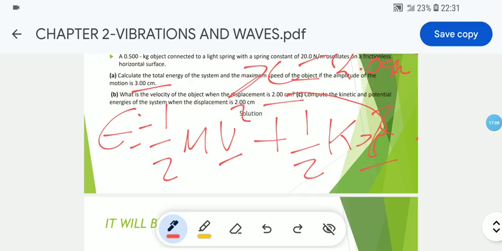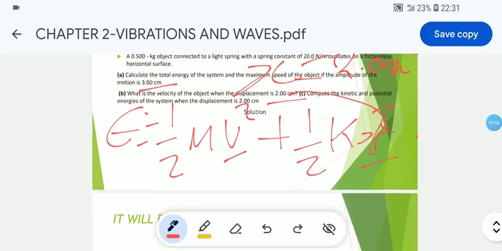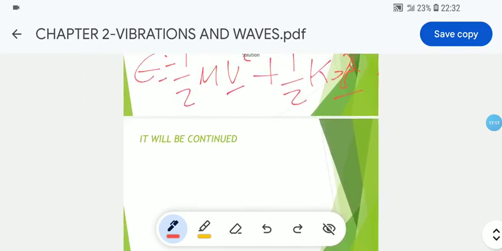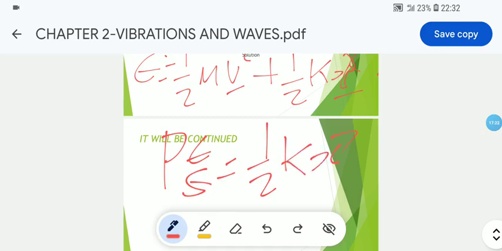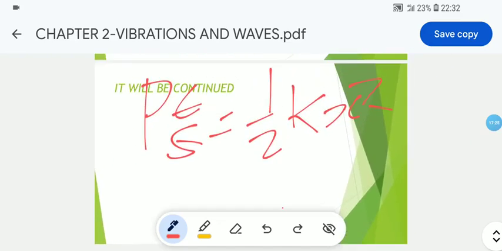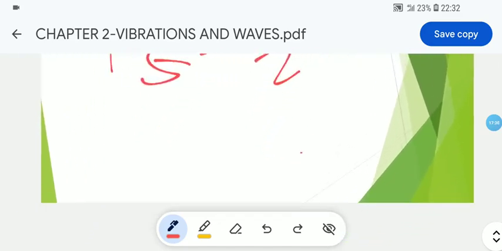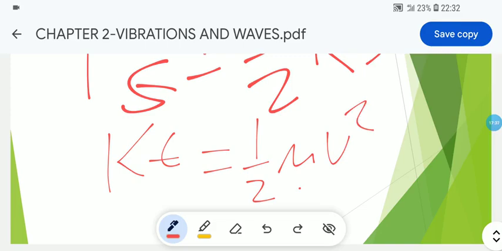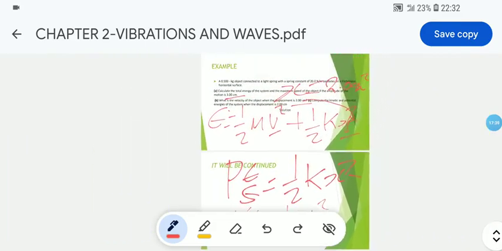Then compute the kinetic and potential energy of the system when the displacement is 0. In short, your potential energy, which is elastic, is 1/2 kx squared. Then your kinetic energy is 1/2 mv squared, where the v is the one you found after solving.